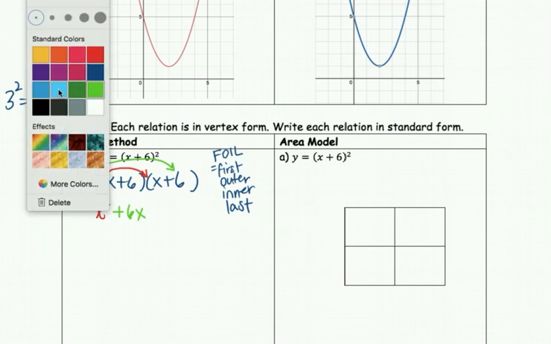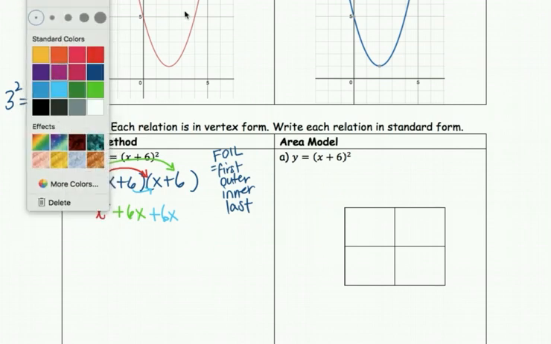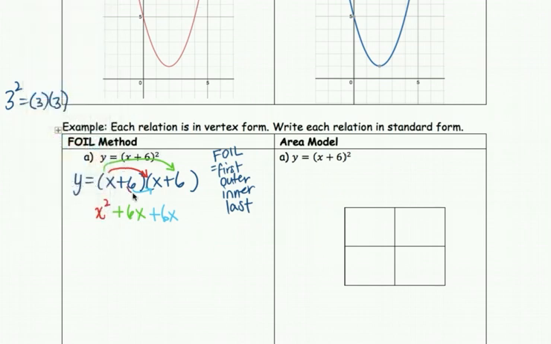All right, and then we're going to do the inner, so that'll be the 2 inside ones like that. So again, 6 times x makes plus 6x. And the last one, okay, so the last two, 6 times 6 is 36, like that.